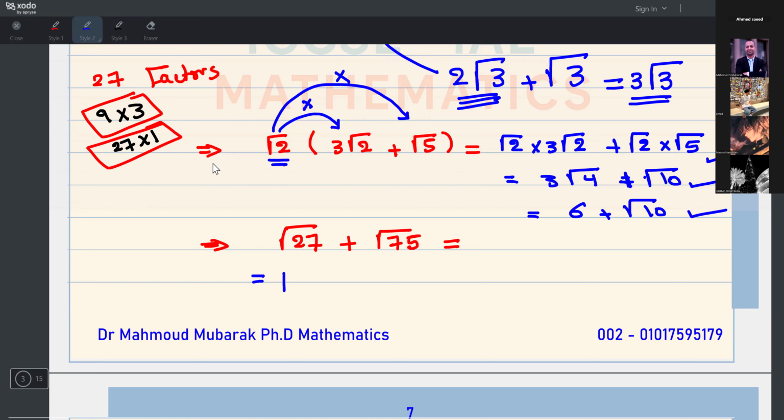فدي هنكتبها like this: square root 9 times 3 plus root 75. محتاجين برضو two factors واحد منهم يكون square.